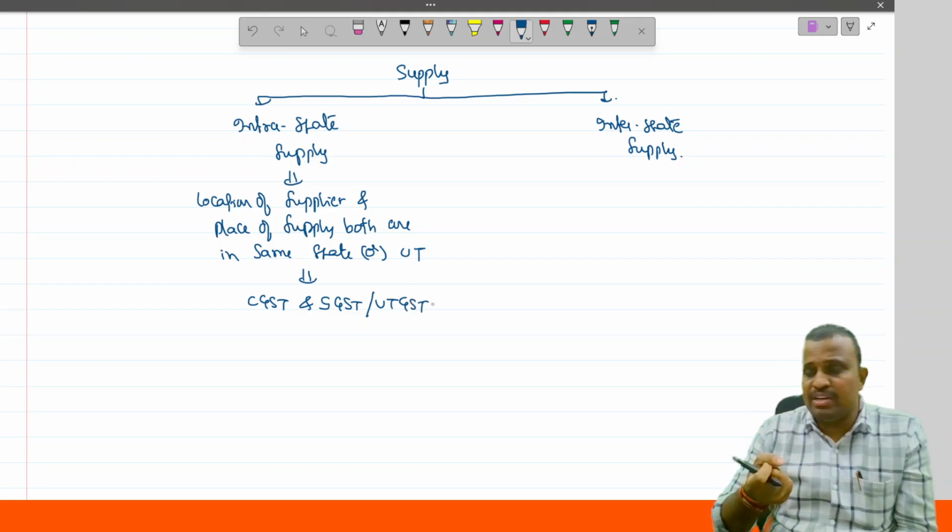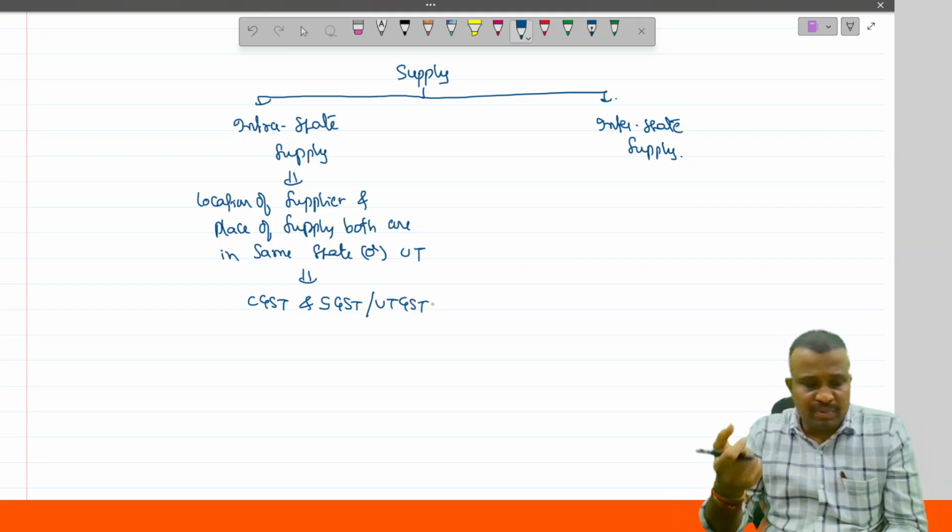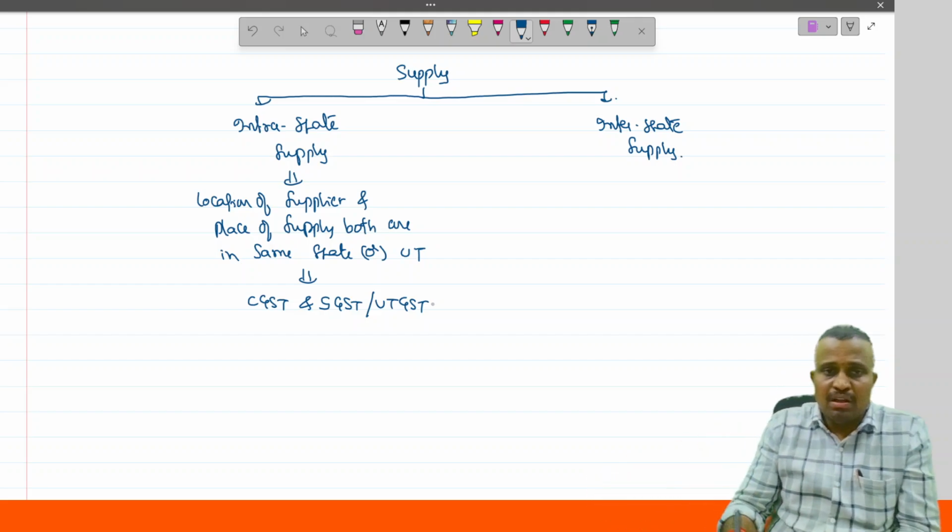And there are different components of GST, which will be discussed in a few minutes.